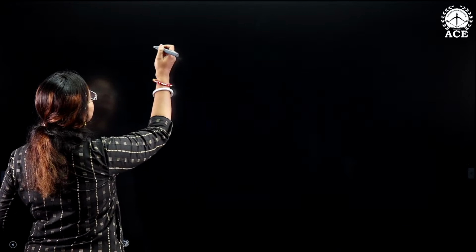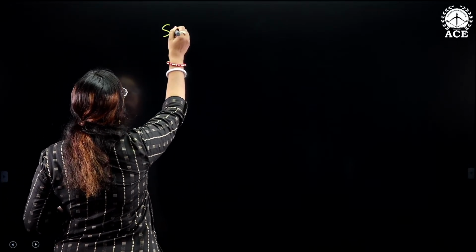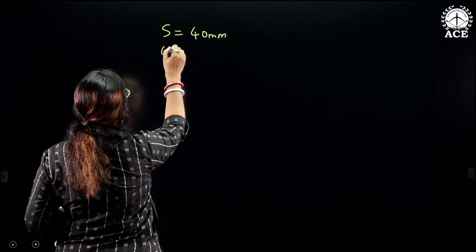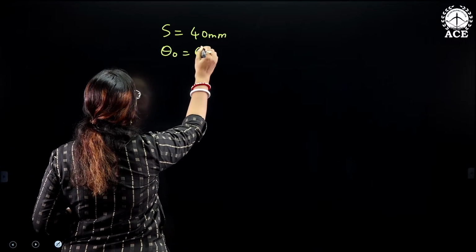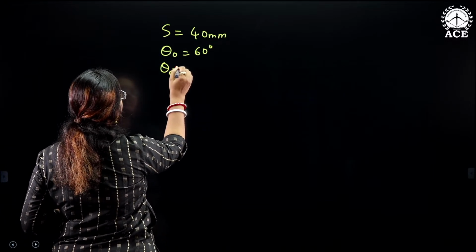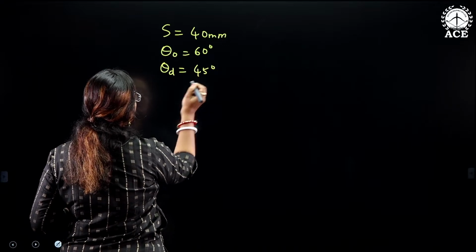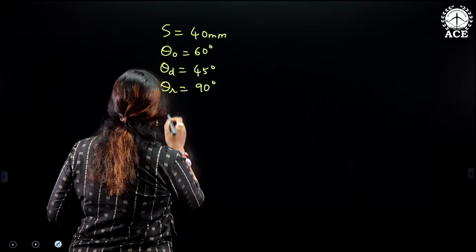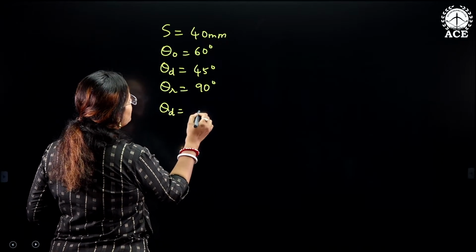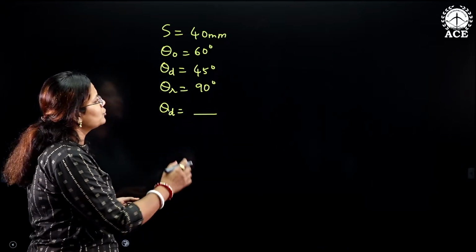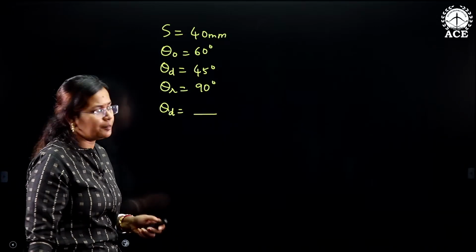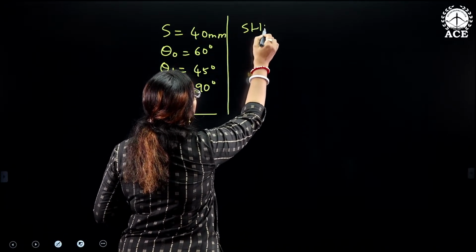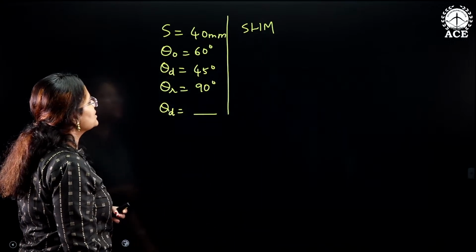What all are given? Your stroke length is given as 40 mm. Then theta o is given as 60 degrees, and theta d is given as 45 degrees. Then theta r is given again as 90 degrees. Then the remaining theta d you can actually leave; you do not have to calculate and write it over here. It does not matter. Again we have to note down that the SHM condition is given.